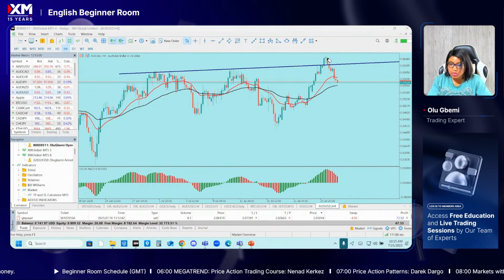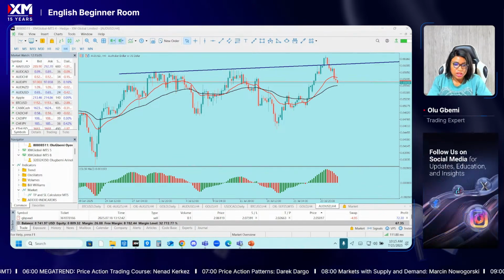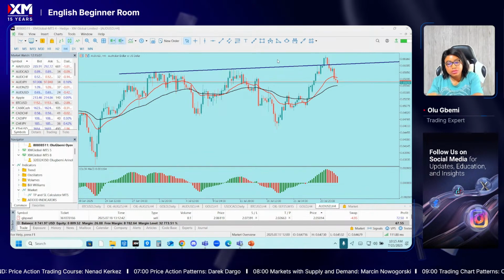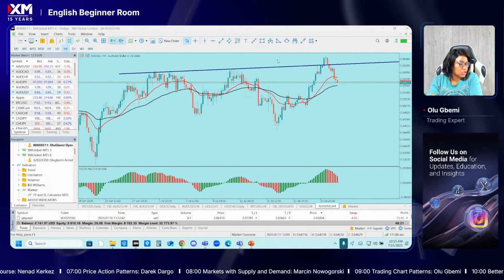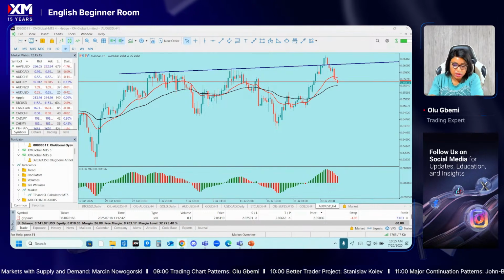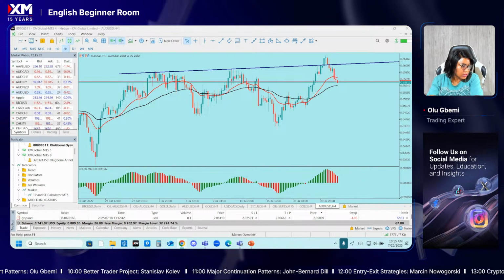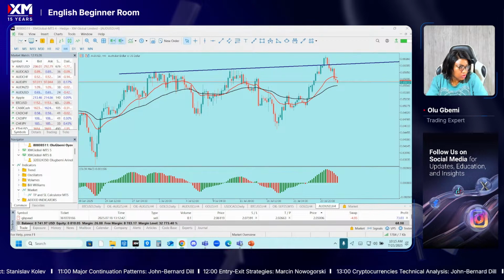So we'll wait and see what happens from this area where we are. I'm considering this a pullback, in which case we'll be looking to see a continuation from that pullback. The price has been pulling back, and then we'd like to see the price continuing from there, moving away from there and making a continuation.